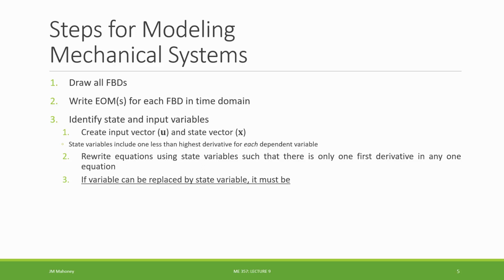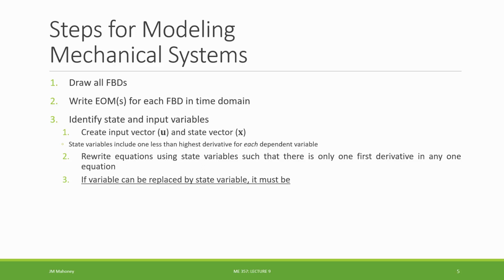And the hope is that in any of these equations, we are now only going to see a first derivative term in any equation. A rule that we want to go by is there might be several state variables that we could put in for one of our original variables. And the rule we want to follow is that if a variable can be replaced by a state variable rather than the derivative of a state variable, it must be.